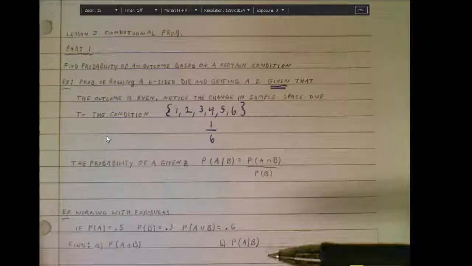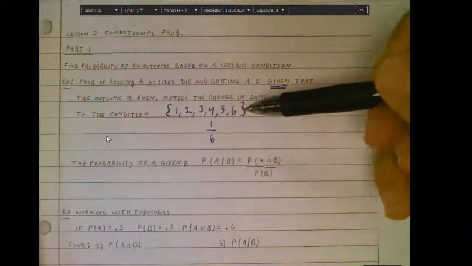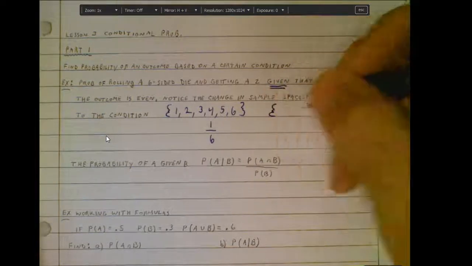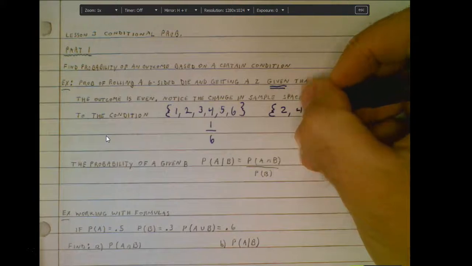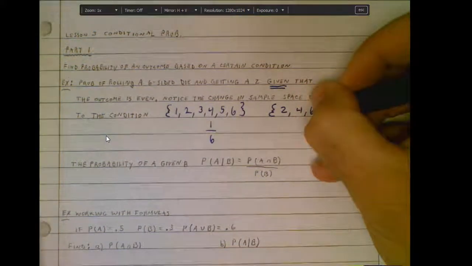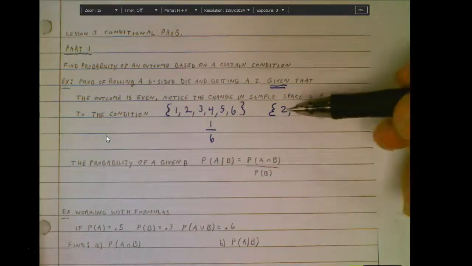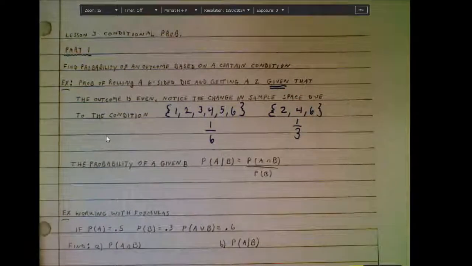Well, if I know that, I certainly wouldn't consider all 6 possibilities. We would change our sample space. Given that it's even, I'm only going to consider the even values on that 6-sided die. And so now I would say, well, if I know it's going to be even, there's only one out of the 3 that I would look at.